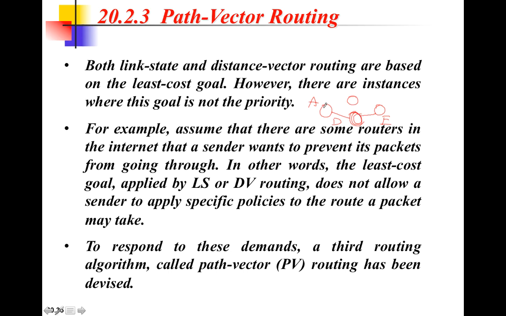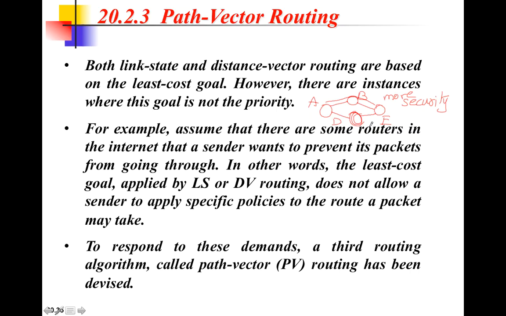However, A, B, E is more secure. Okay? So this path has more security, and this is what we want. With least cost routing, you can't make these choices. You can't choose what your metric is, what policy you want to apply. But in path vector routing, you can choose it.